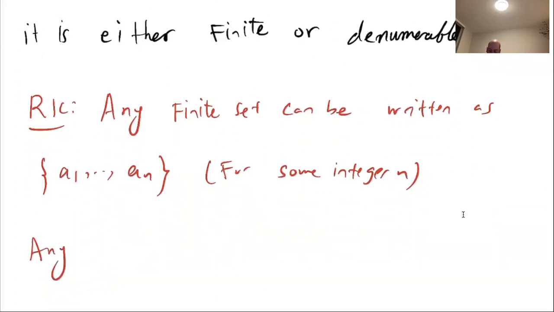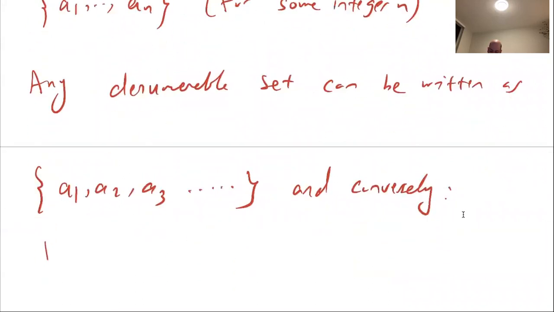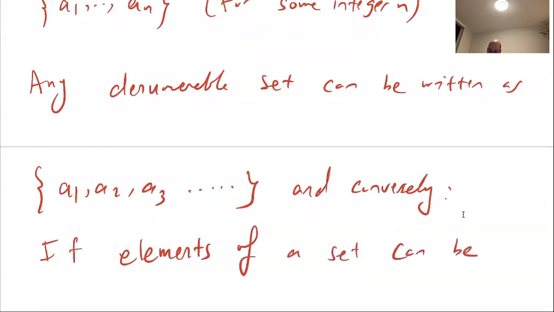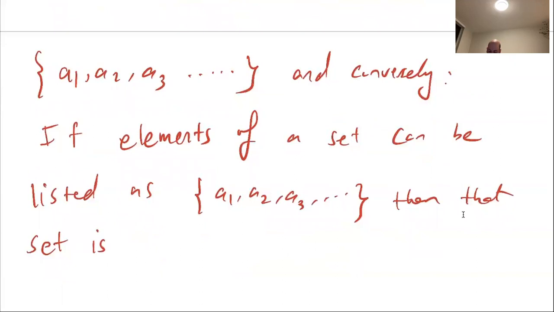Similarly, any denumerable set can be written as A1, A2, A3, and so on. And conversely, meaning that if the elements of a set can be listed as A1, A2, A3, and so on, then that set is denumerable.